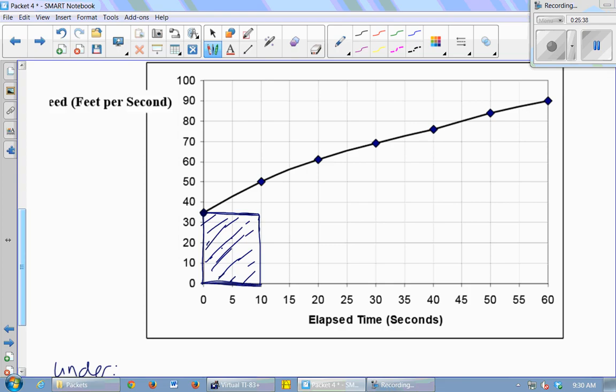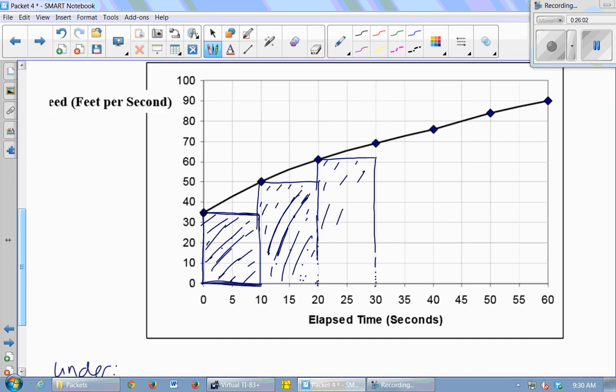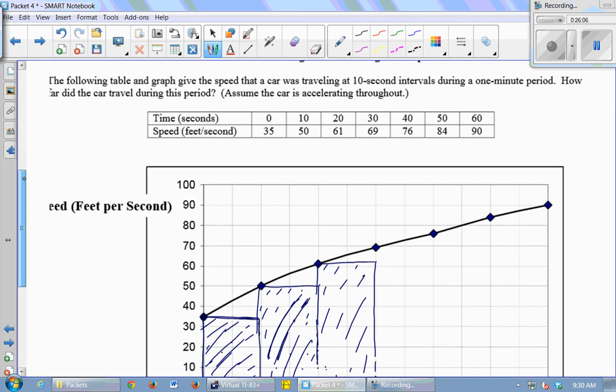And then from 10 to 20, I'm going to assume that it stayed at 50 miles per hour instead of changing from 50 to 60, whatever it is. All right, and then from 20 to 30, we assume that it stayed at a constant speed of 60 something. I can't tell by looking at the graph, but this table of values tells me the exact 61.